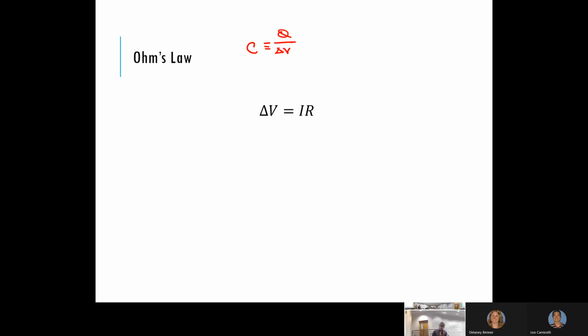You could rearrange that definition and say that the potential drop across the capacitor is given by the charge of the capacitor divided by C. You can think of the capacitance as giving you a constant of proportionality between the charge on the capacitor and the potential drop across the capacitor.